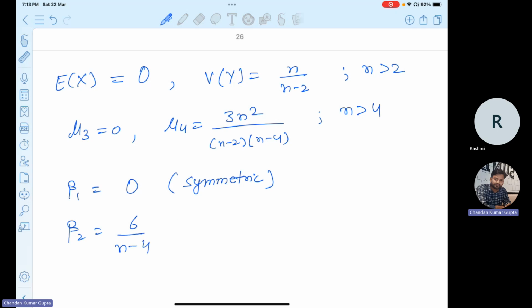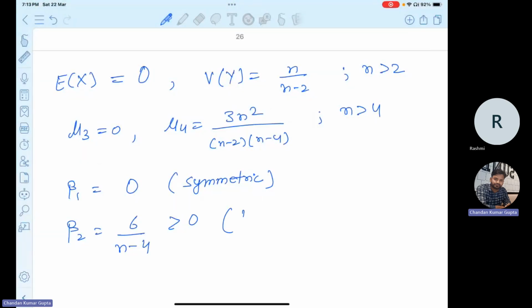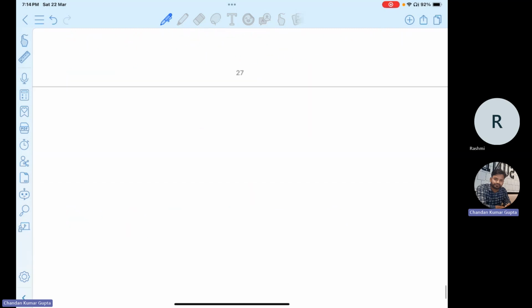This is positive, which implies it is leptokurtic in nature. When we consider n quite large, it tends to 0, so it converges from leptokurtic to mesokurtic for large n. So this is the t distribution.